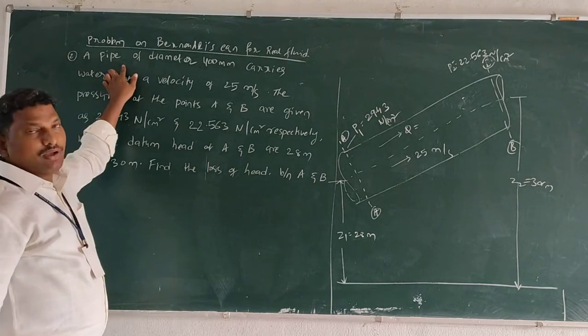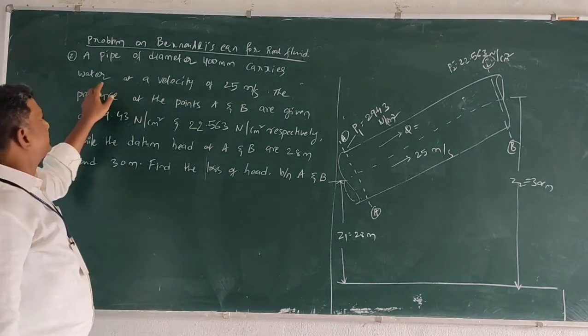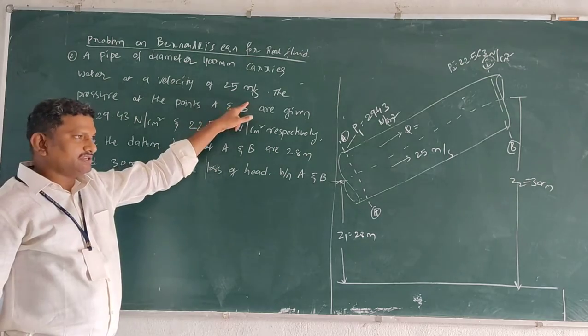A pipe of diameter 400 mm carries water at a velocity of 25 meters per second.